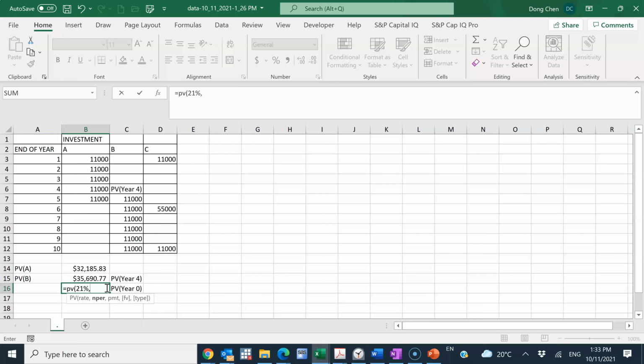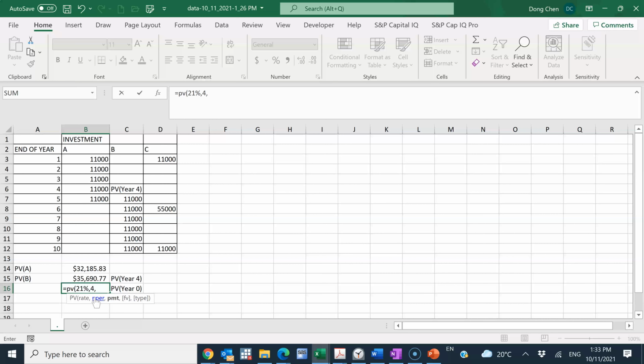Again, the interest rate or the discount rate is the same, 21%. And now the NPER is no longer referring to the number of annuity payments. It's referring to the time period where the future lump sum cash flow occurs. Now it's year 4, so we just put the number 4 there.